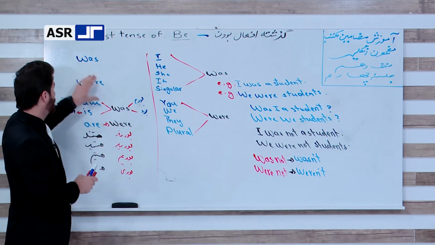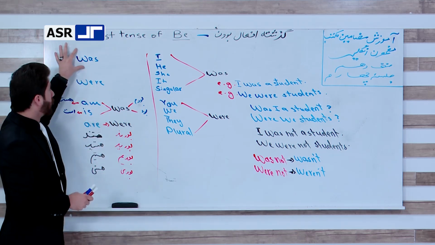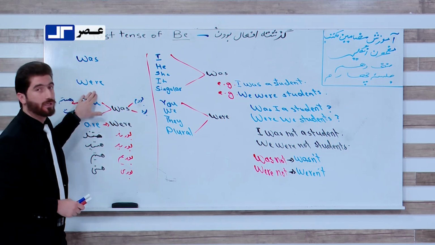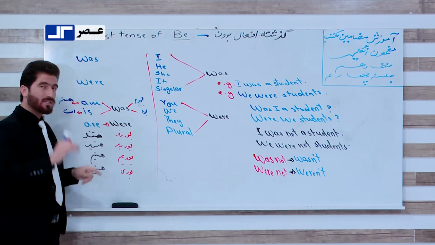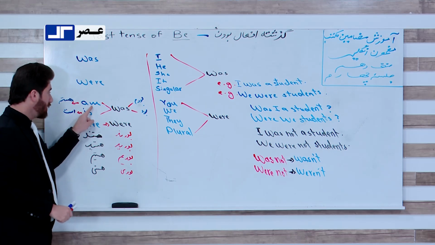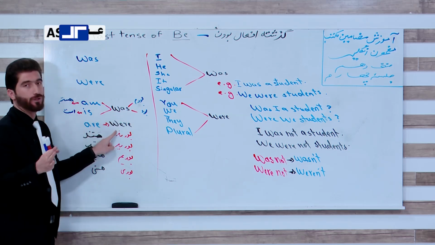One is was and the second one is were. In the present tense you studied three to be verbs: am, is, are. The past of am and is is was, and the past of are is were.